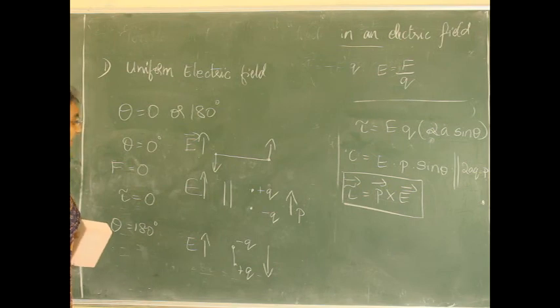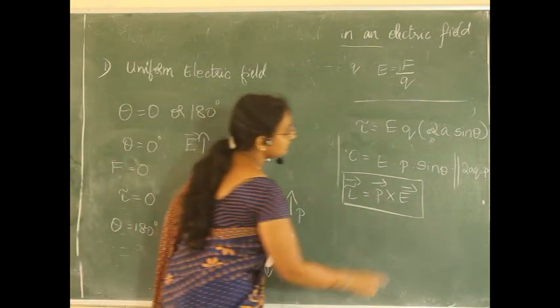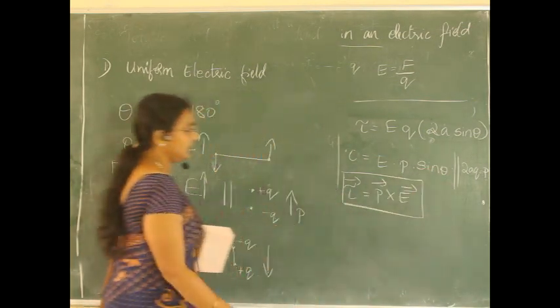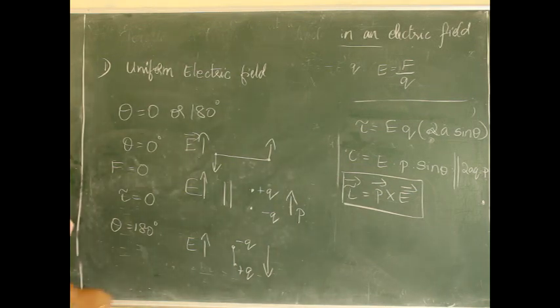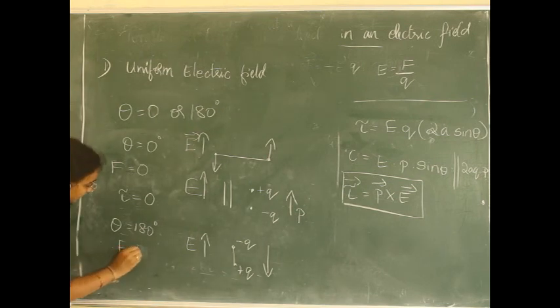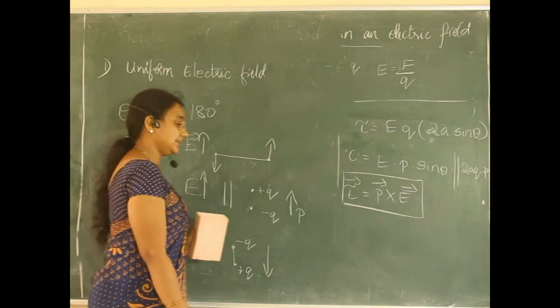So if they are opposite in direction, what is the sine of that? What do you say? Here also net force is 0, tau is also 0 because sin 180 is 0.